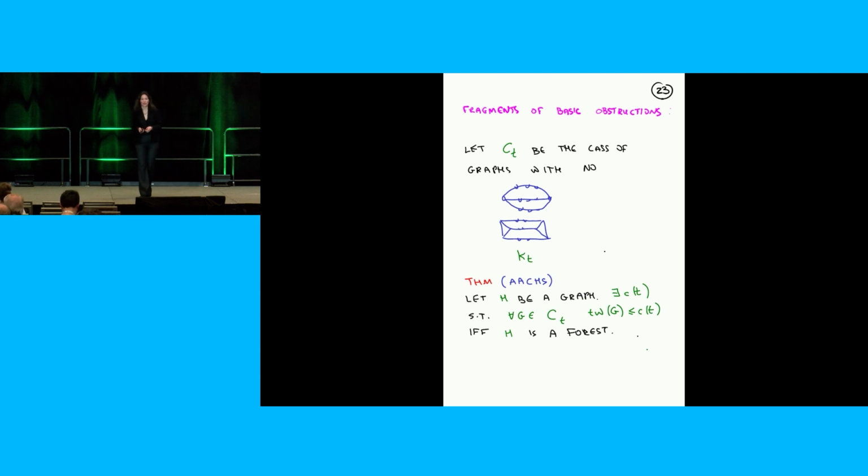So then what can you say, right? What else? And then again, there's a nice answer to that. What else is a forest. If you exclude this little fragment and this little fragment and a big complete graph, and you exclude any forest, then your tree width is bounded. So that's kind of a different way to get at, right? How do we tame this huge world of abstractions?